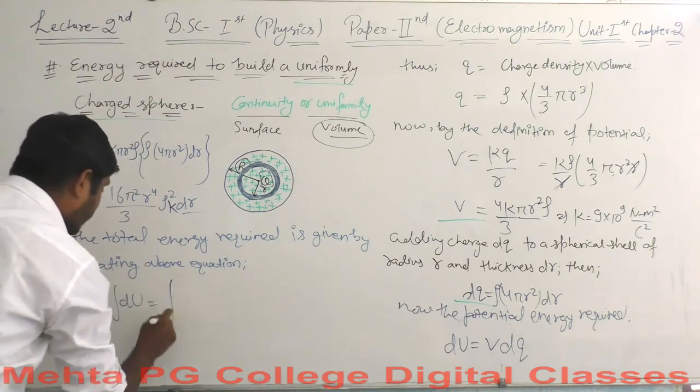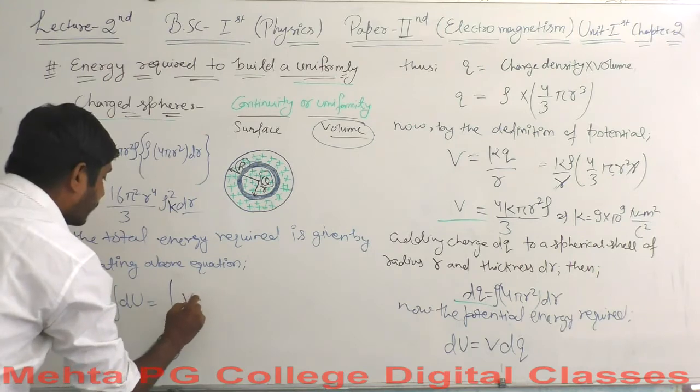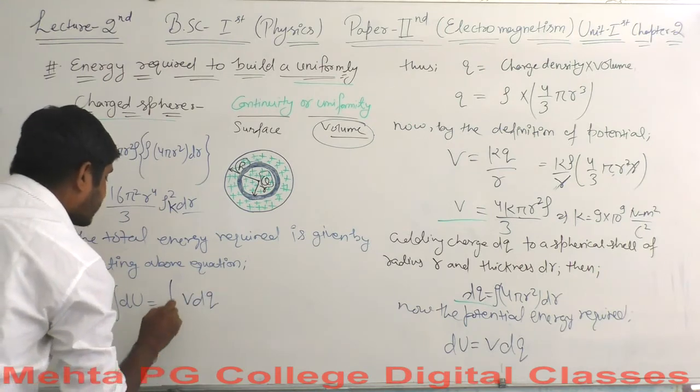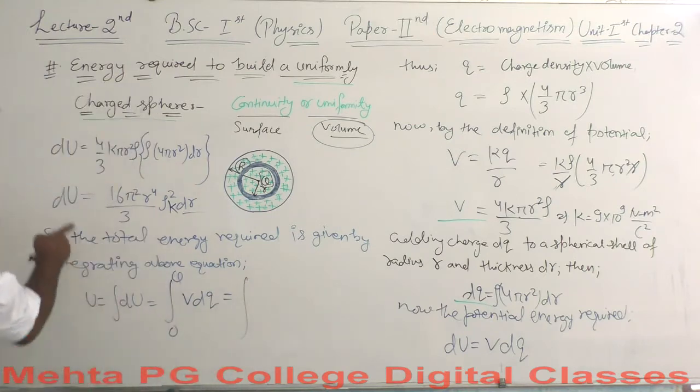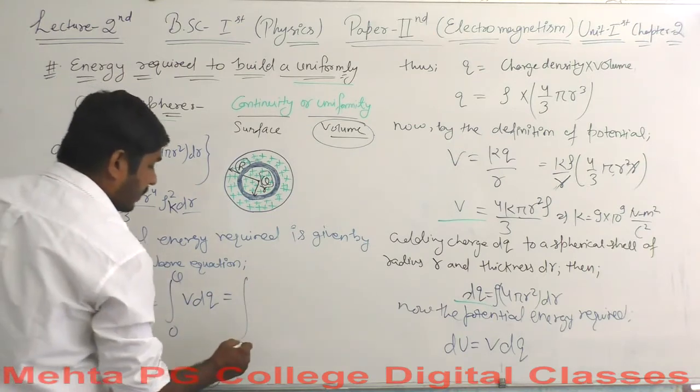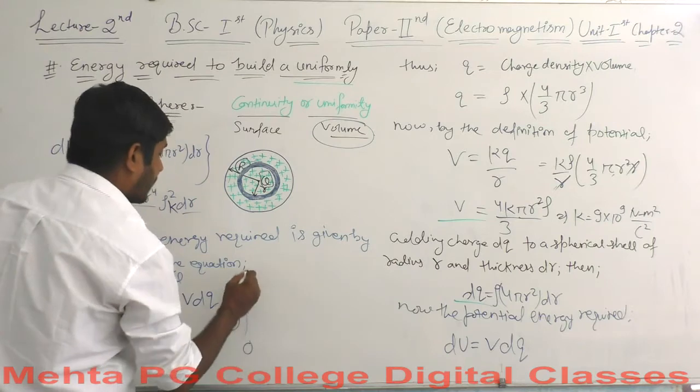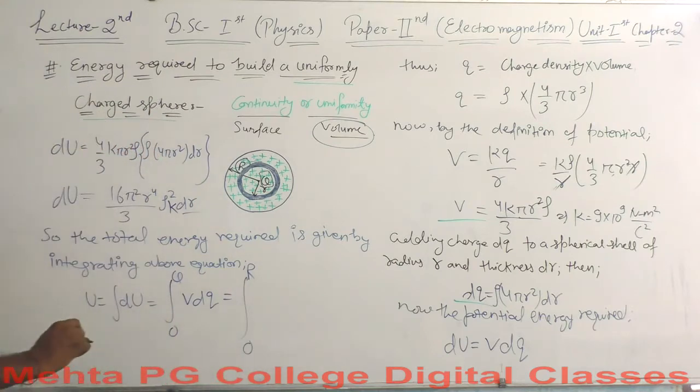Here you say this is equal to the integration of V dq in a sense, which is 0 to Q, but we will integrate in terms of dU only. So what we will have, r has to be valued 0 to capital R here.